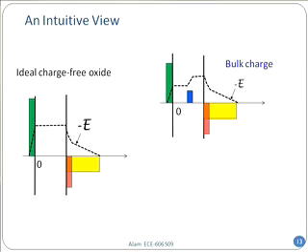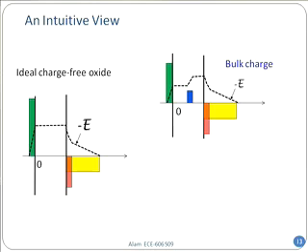So the area under this electric field curve gives you the voltage. Do you agree that this is a little less than the idealized case? And therefore, for the same level of inversion, you need a little less voltage. And that's why the threshold voltage is a little less for this positive case.